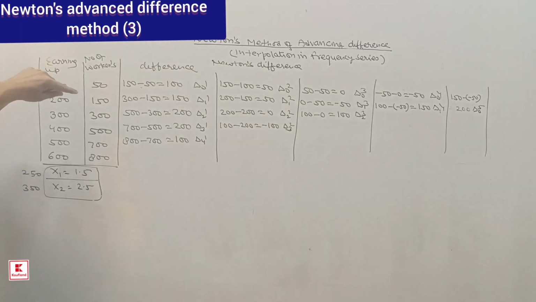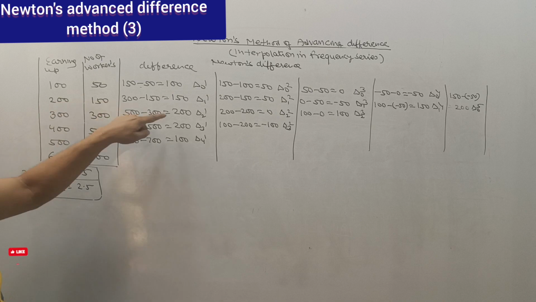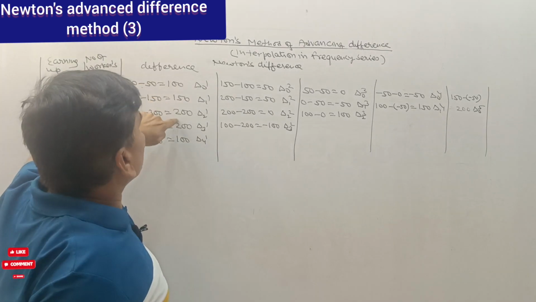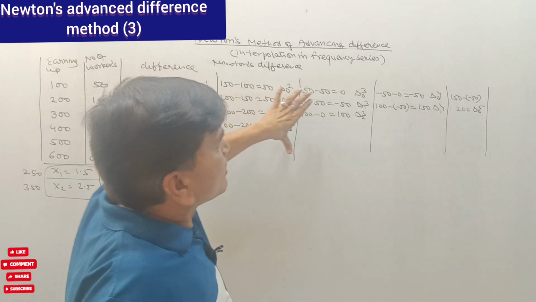What have we done? First we took 150 minus 50, 300 minus 150, 500 minus 300, then 150 minus 100, 200 minus 150, 200 minus 200, and so on, as you know.